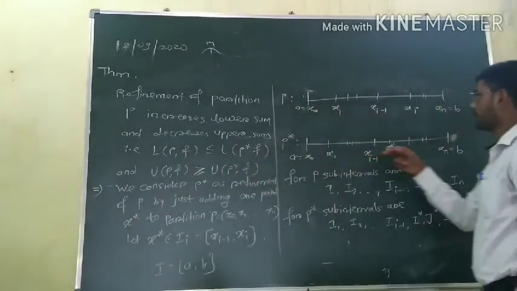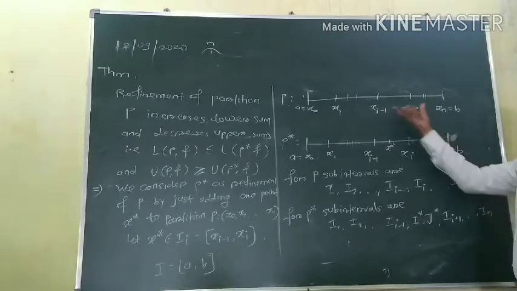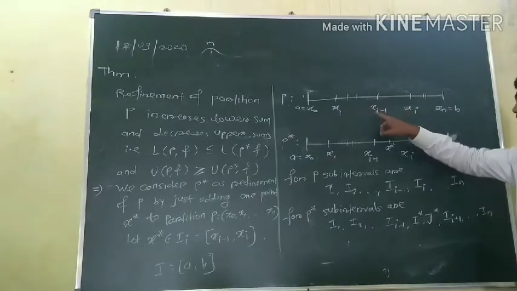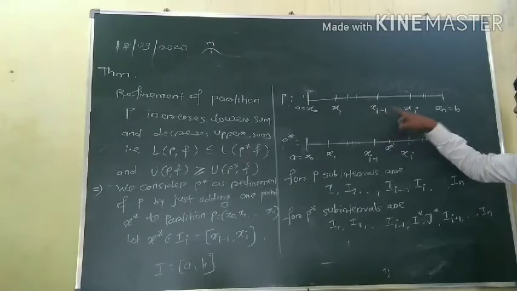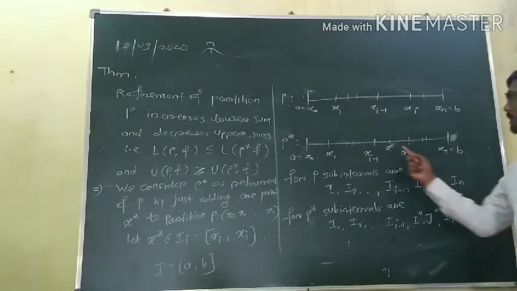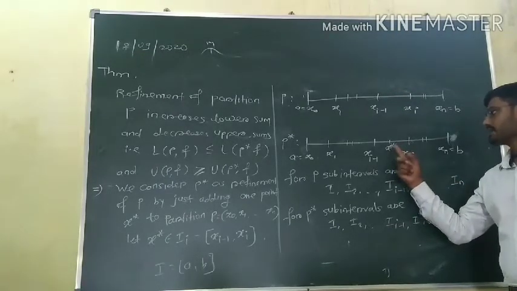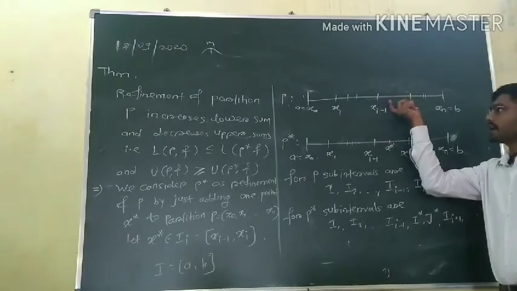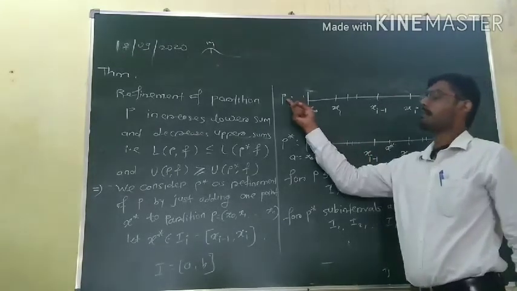Suppose the interval is x(i-1) to xi. We add one point in between these two elements, so we add an extra point. As we are adding one extra point to this partition, this becomes the refinement of the original partition.